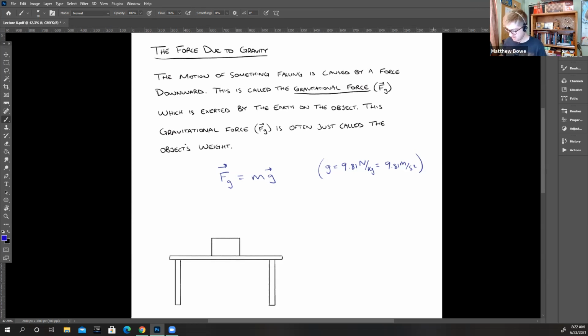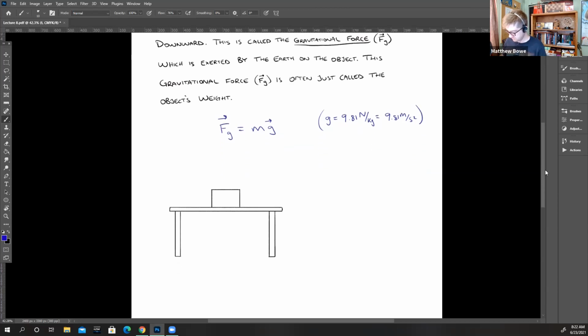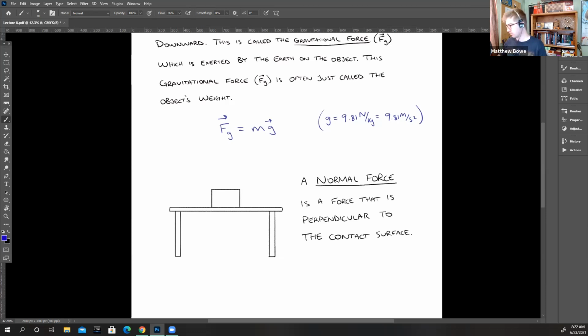So we have this book on a table. A normal force is a force that is perpendicular to an object's contact surface. It's typically where this object may sit on top of a surface.